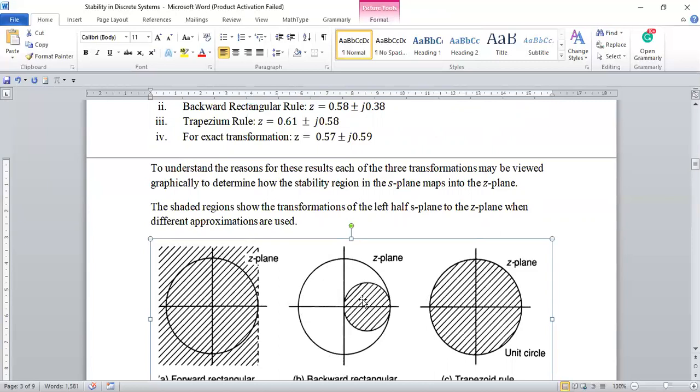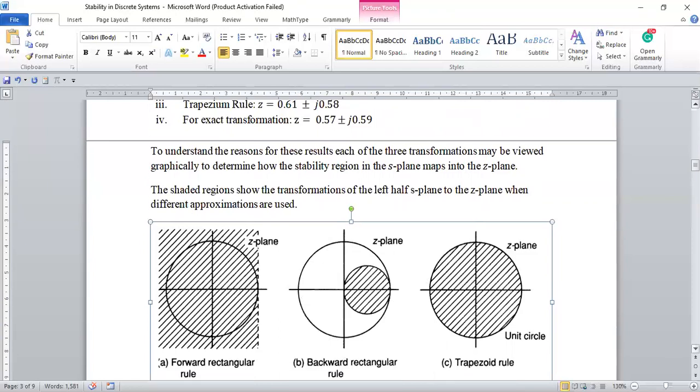So if in the continuous time case the system is stable, the backward rectangular rule is going to produce a stable pole when you plot it on the z-plane.